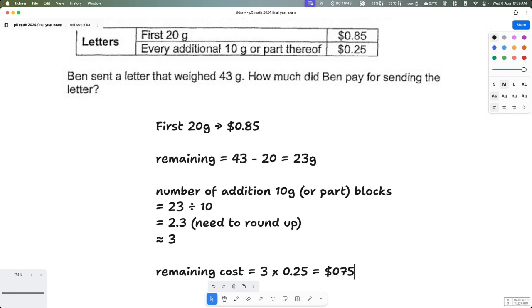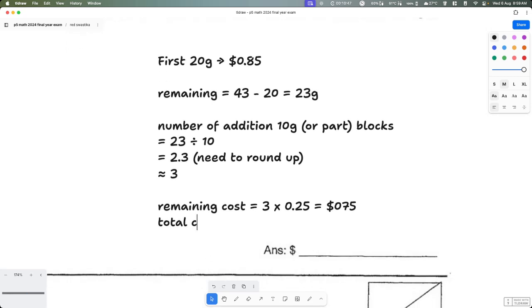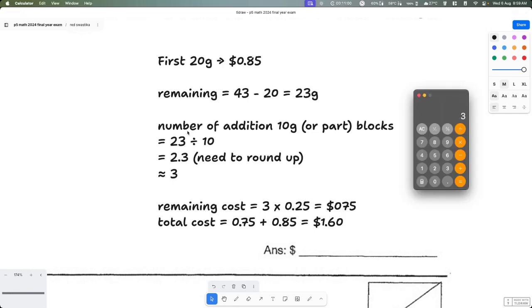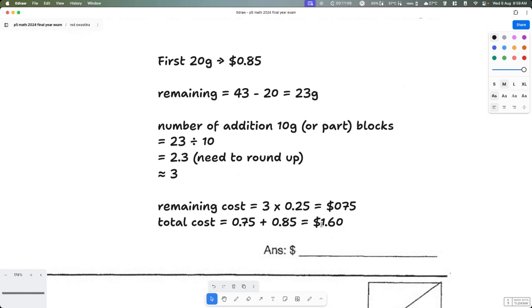Okay, so total cost is equal to 0.75 plus 0.85. This will give us $1.60. Okay, so if you double check, right, 3 times 0.25, 75 plus 0.85, $1.60. Okay, there you go. So it's $1.60.